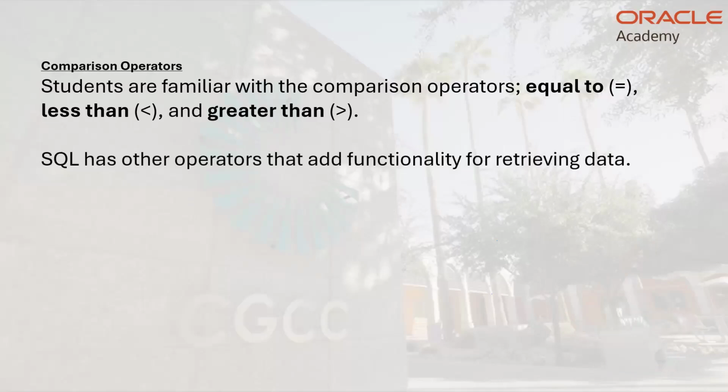SQL does have others, along with less than or equal to, not equal to, etc. The first one is between, and I'll give you an example of that in a second. The second one is in, and that's usually a group. The third is like. All very useful. All can do certain different things. All can be constructed in a way that lessens the possible complexity in your select statement.